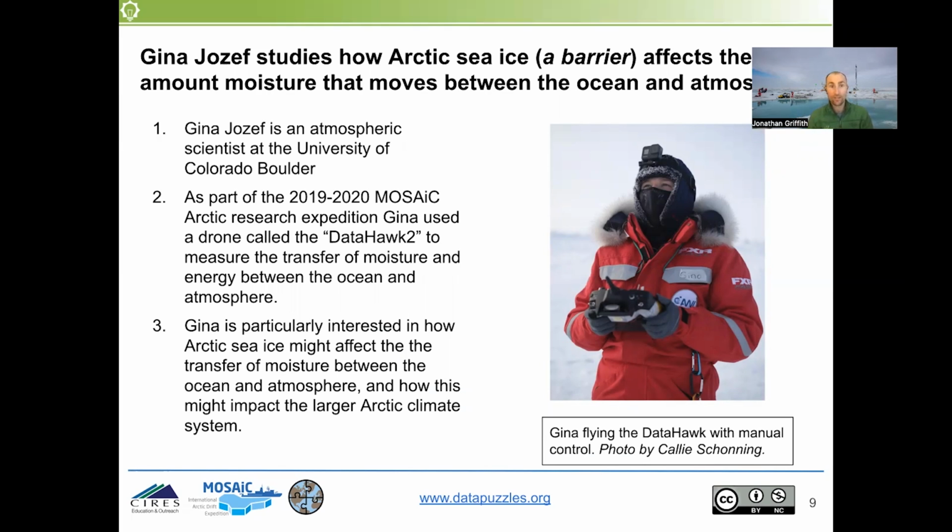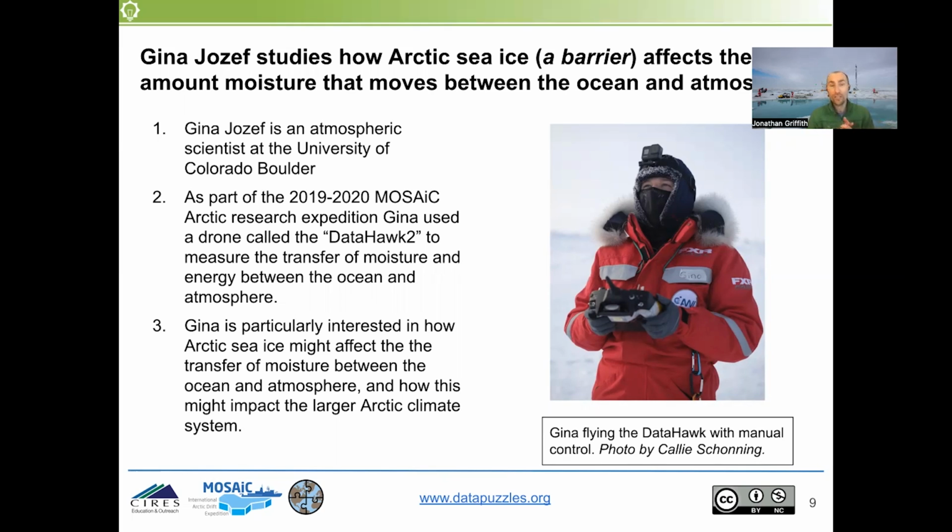She participated in the 2019-2020 MOSAiC Arctic Research Expedition, and she used a drone called the DataHawk 2 to measure the transfer of moisture and energy between the ocean and atmosphere. She's particularly interested in how sea ice might affect the transfer of moisture between the ocean and atmosphere, and what that might mean in terms of its impact on the larger Arctic climate system.